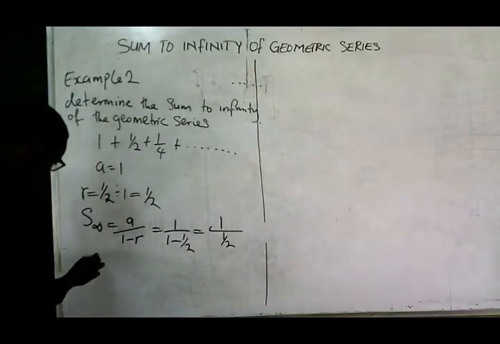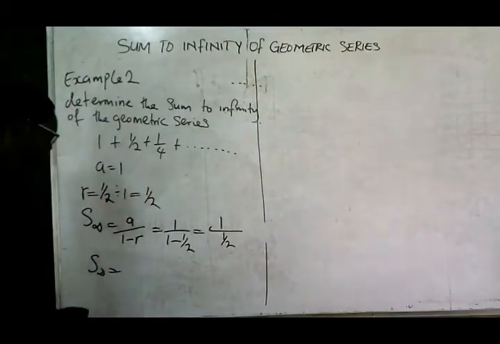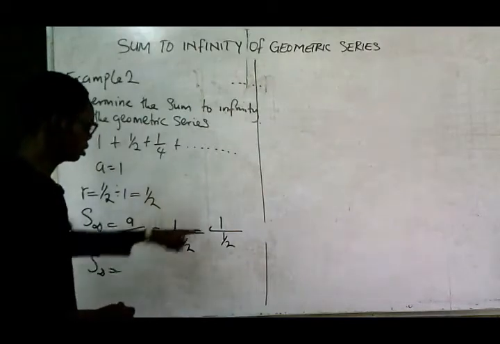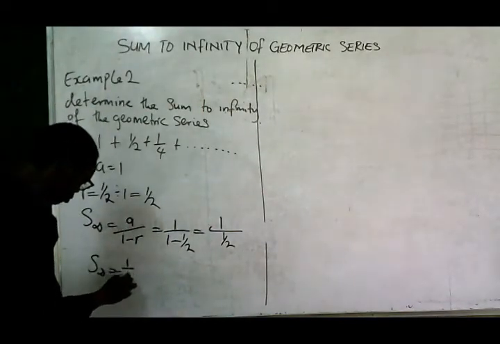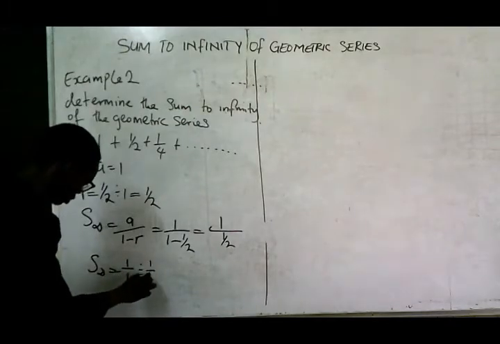Therefore, sum to infinity is equal to 1 over 1 over 2, which is 1 divided by 1 over 2.